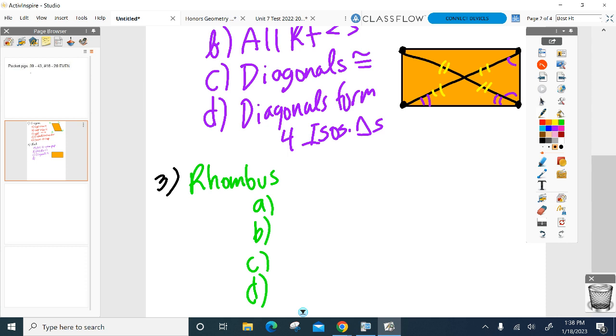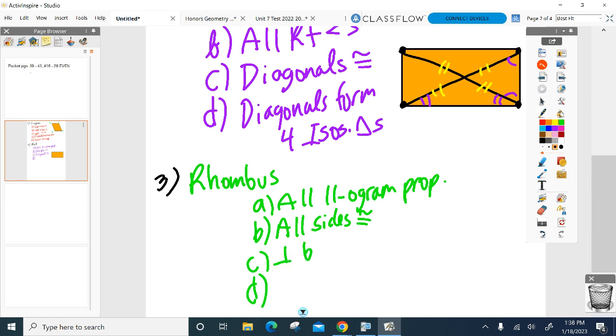All parallelogram properties, highly overlooked. All sides congruent. The diagonals are perpendicular.